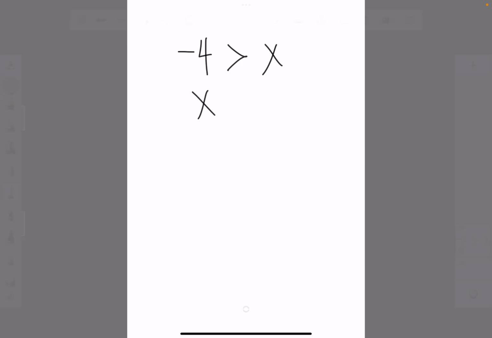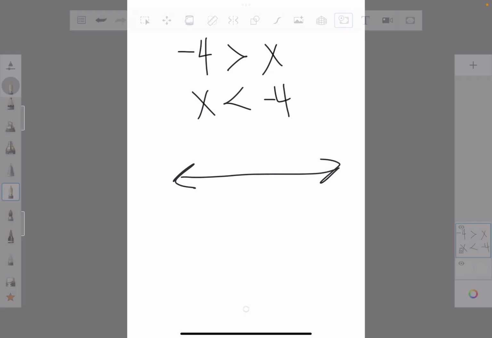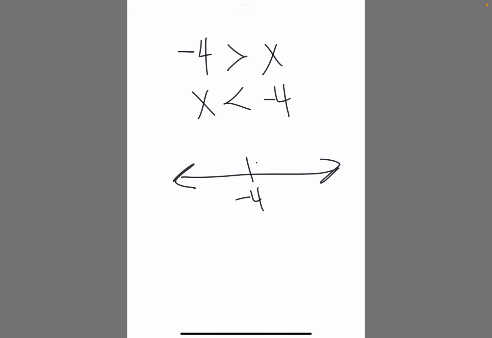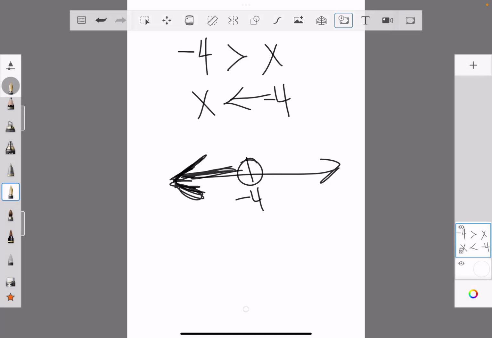You would say x is less than negative 4. And now you can graph it. Negative 4 would be an open circle, and it's going to go in this direction when you shade it. So be careful, make sure it's on the left. Also, make sure you know the difference between your open and closed circles.